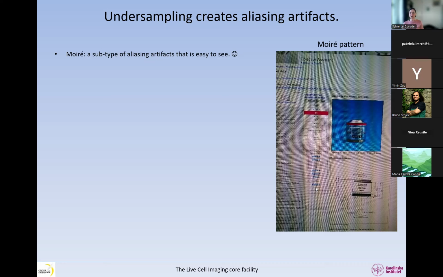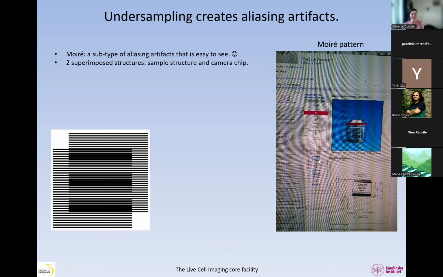If you take a picture of your computer screen with your phone, you will likely see something like this. Moire happens when we have two superimposed structures, and they are repeated structures. For example, a computer screen is a repeated structure, and the camera pixels, the camera chip on our phone, is also a repeated structure.